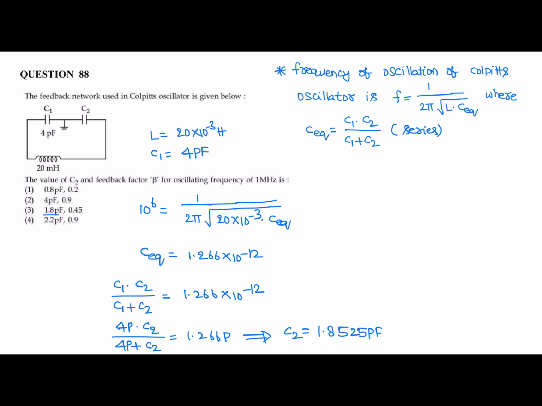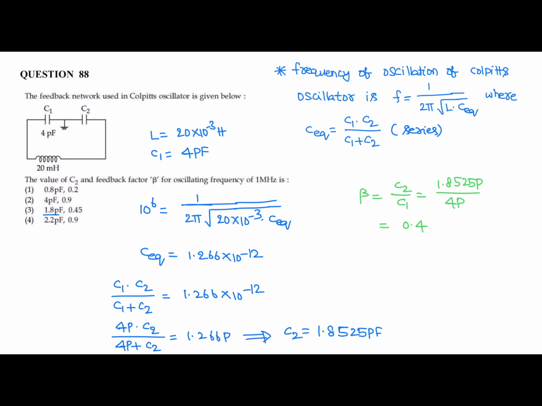Now the feedback factor beta. Feedback fraction beta is the ratio of C2 by C1. C2 is 1.8525 picofarad by C1, and C1 is 4 picofarad.